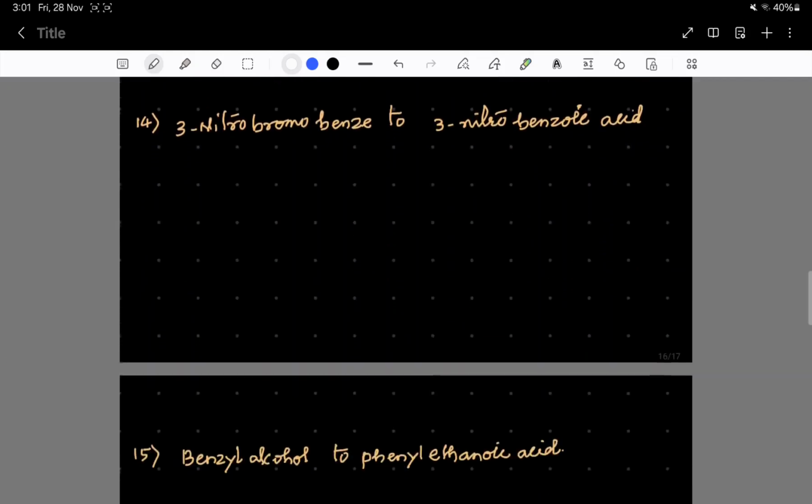Next, student, 3-nitrobromobenzene to 3-nitrobenzoic acid, right? This is the bromobenzene. Now look, student, here we will do the same process. I need to convert it into benzoic acid, so I will use Mg in dry ether.